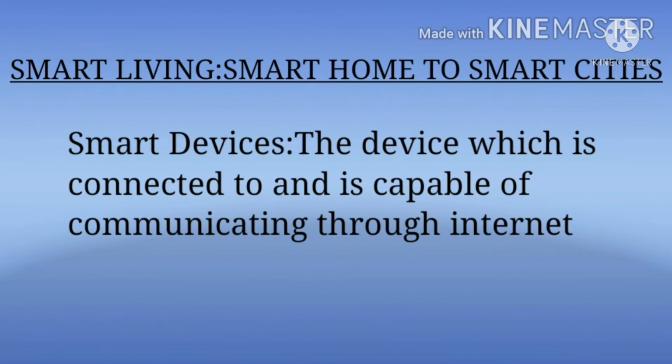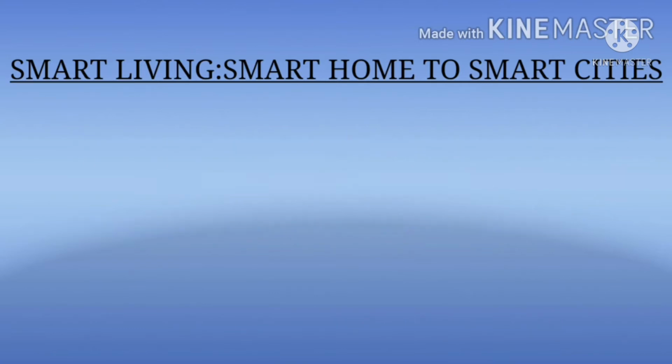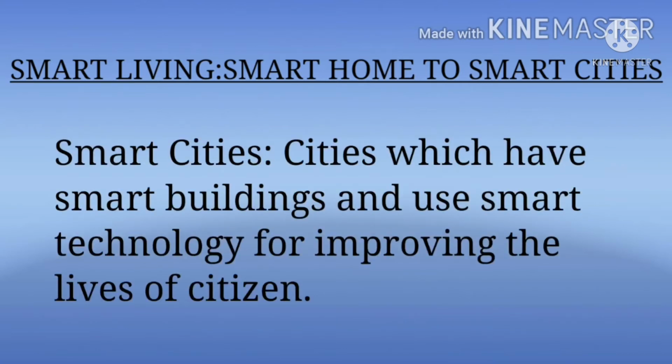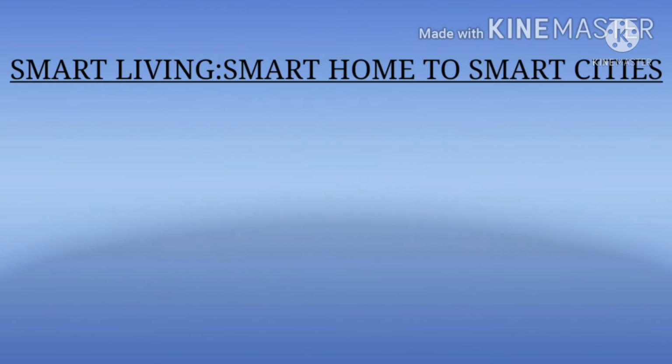We all have smart devices with us, isn't it, children? Yes. Then smart cities are the cities which have all these things, like smart buildings, smart devices and smart homes.